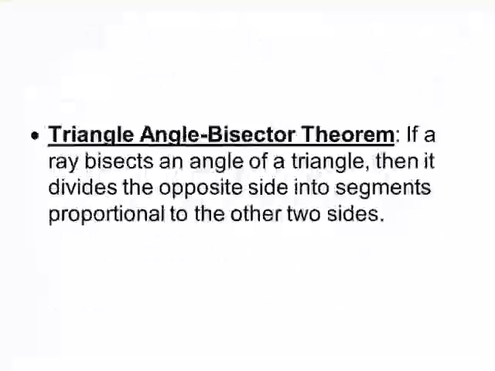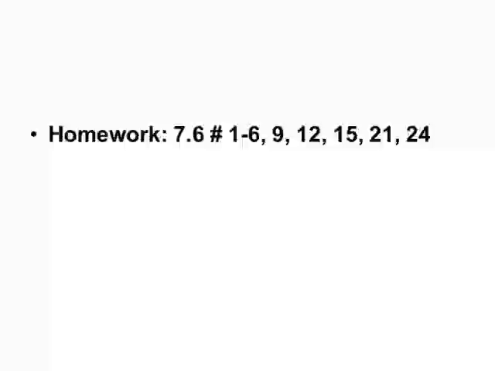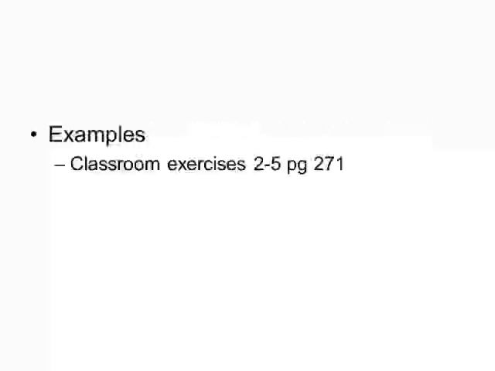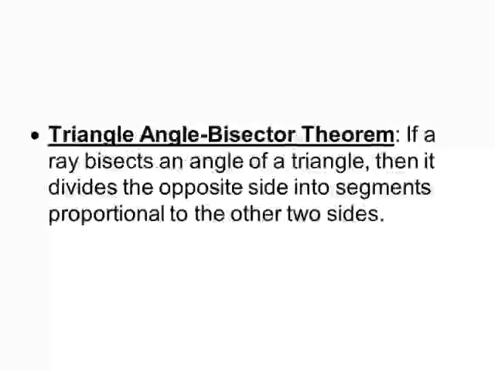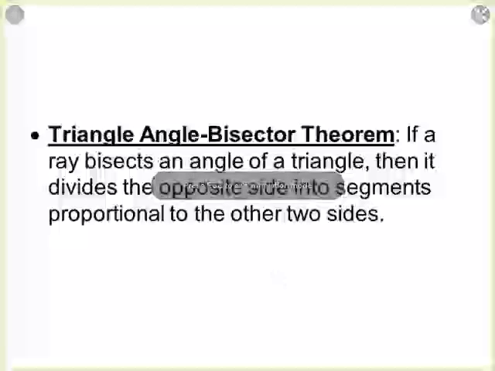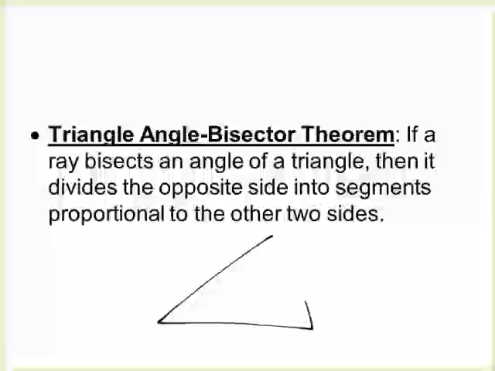We have one more theorem then, which is the triangle angle bisector theorem. And it says, if a ray bisects an angle of a triangle, so I have a triangle, I have a ray that's going to bisect an angle, cuts the angle into pieces, then it divides the opposite side into segments, so we break up that side, that are proportional to the other two.